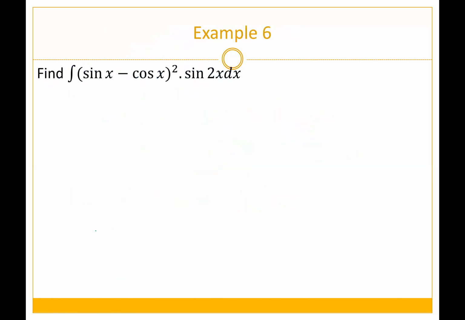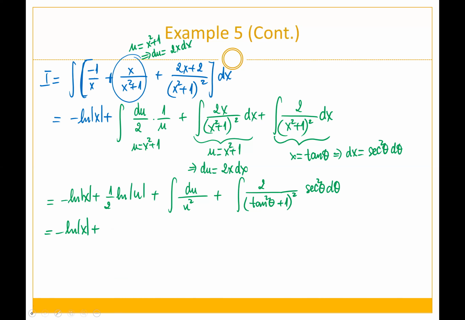I just do all of them at once because I don't have much space here. So you have half of ln of x squared plus 1 plus, now you have du over u squared, and the integral of that is just negative 1 over u, and now u is x squared plus 1. So that's what we have. And then over here, when you have 2 over tangent square plus 1 square.